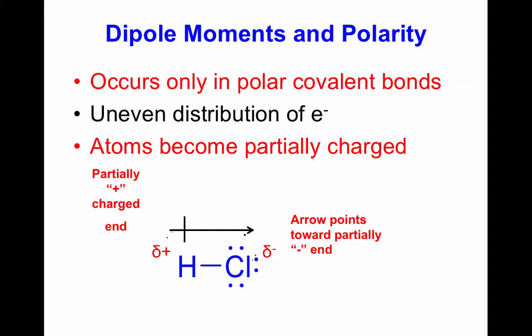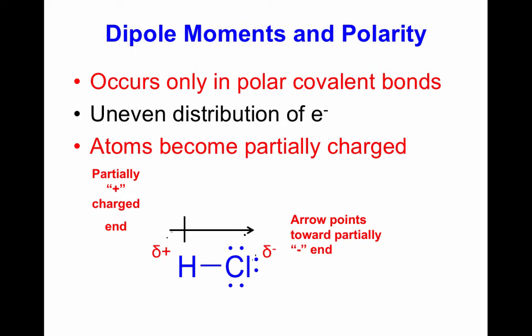And what happens is the atoms in the bond actually have a partial charge. Just like cations and anions have charges, well, in a polar covalent molecule, they can also have slight charges, or a partial charge.